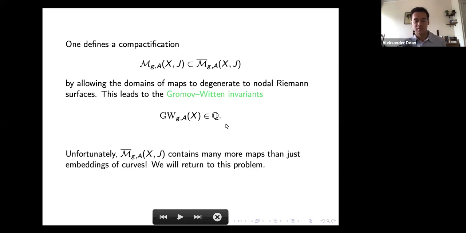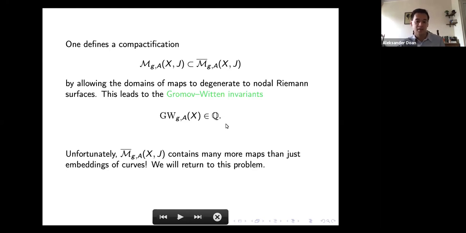That leads to rational invariants, so-called Gromov-Witten invariants. So here actually, I assume that the genus and the homology class are chosen in such a way that you don't have to put additional constraints on the curves. And you can show that this does not depend on the choice of the almost complex structure, as long as it's compatible with the symplectic form. So it's actually a symplectic invariant of the manifold.